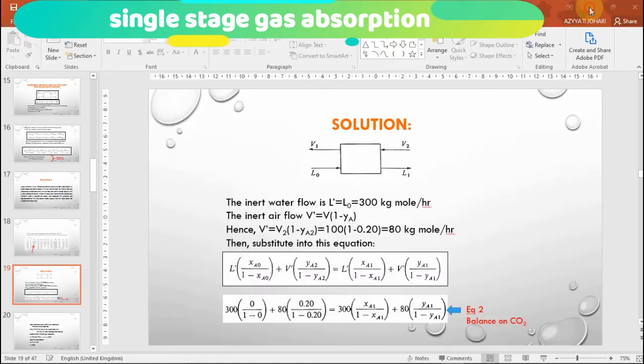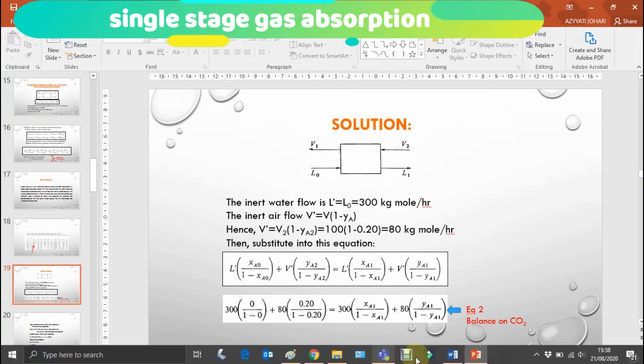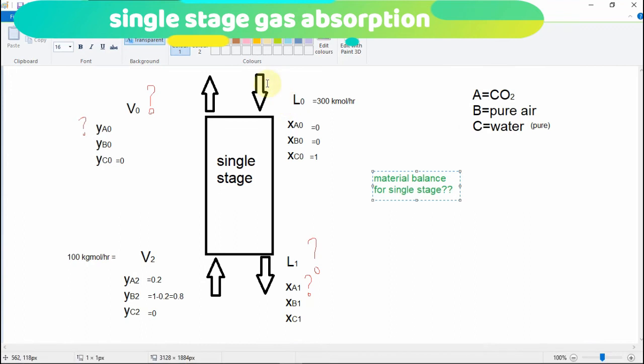Okay, so in this equation, we need to know the value for L prime and V prime. So we know that this L prime is liquid inert. It is the same value as L naught as well as L1. Liquid inert or solvent inert means the amount of solvent that enters the column, which is 300 kmol per hour.